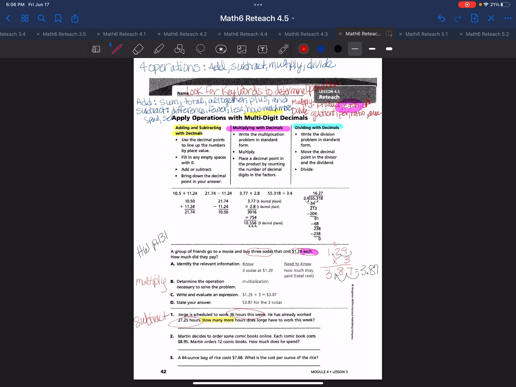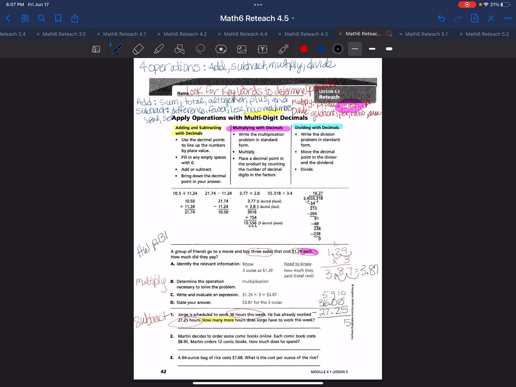So let's go ahead and do that problem together. So he has scheduled to work 36 hours this week. So 36 hours is the total amount for the week. He has already worked 27 and 1/4 of an hour. And then we're going to subtract it. So we need to borrow.